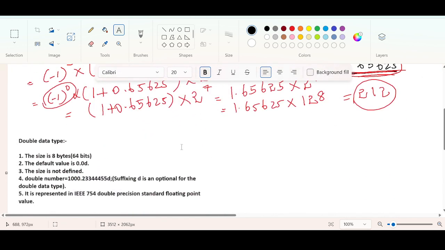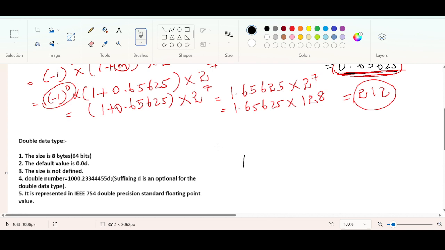And again, if you talk about the bit register, since double is a very big number, the most significant bit, the leftmost bit, is reserved for the sign. Let me write that here. The leftmost bit is reserved for the sign bit.